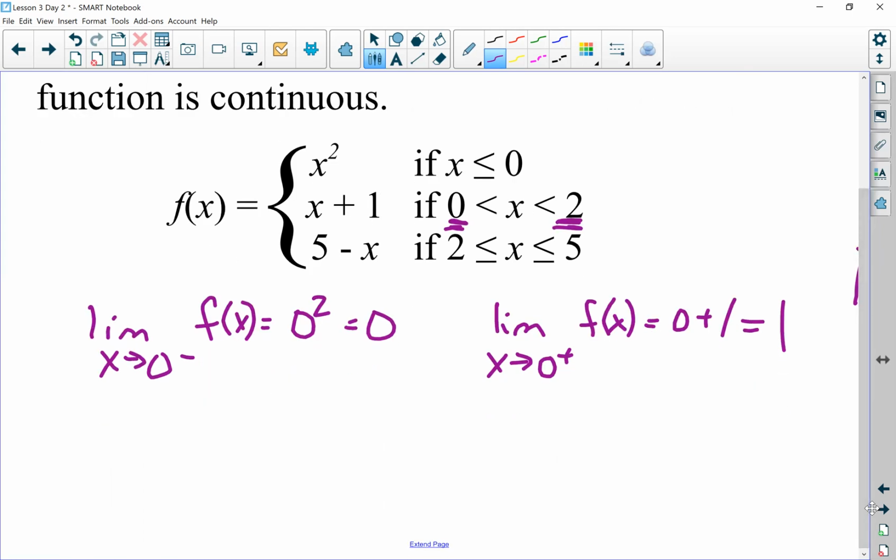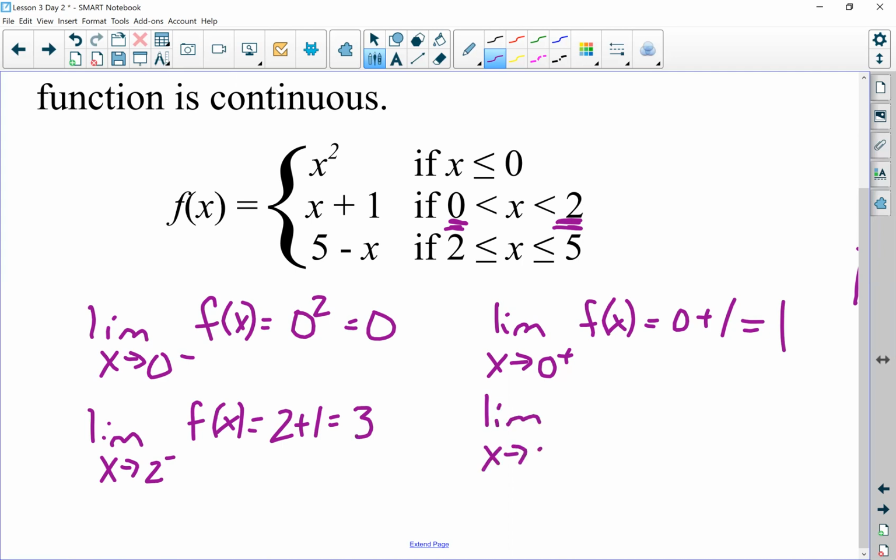To check at 2, again, we do the same thing. We're going to take a look at the limit as x approaches 2 from the left. So from the left, that's the x plus 1 function. And the limit as x approaches 2 from the right, and that's our 5 minus x function.